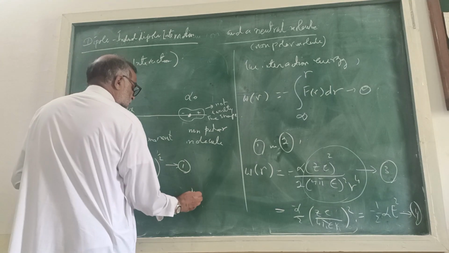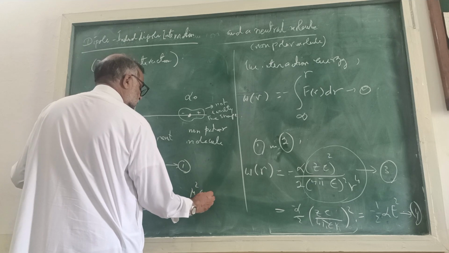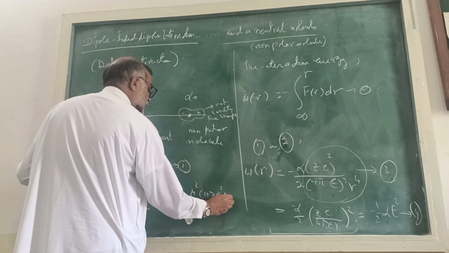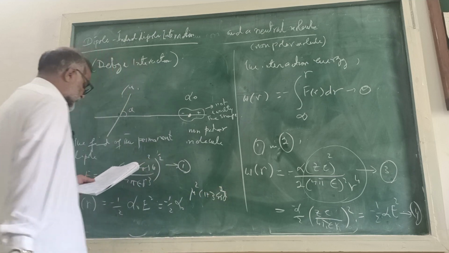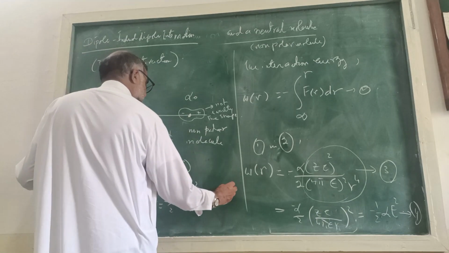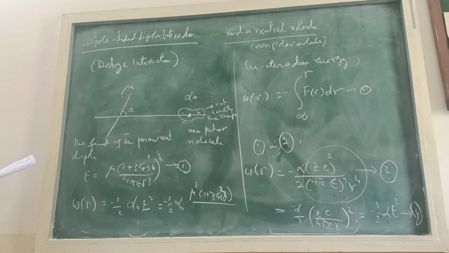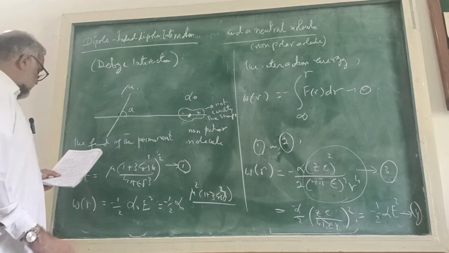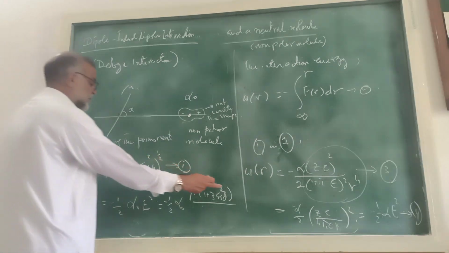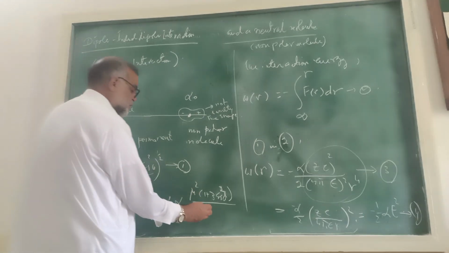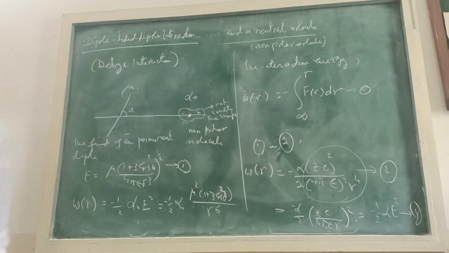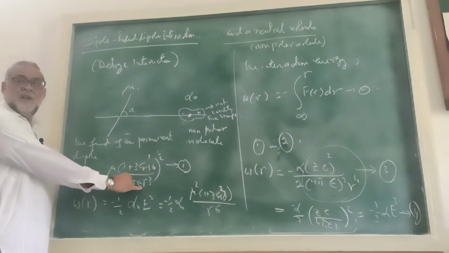We write the electric field here, so that will be minus 1 over 2 alpha naught, mu square, 1 plus 3 cos square theta, divided by 4 pi epsilon whole square, and this will become r to the power 6, because the field is r to the power 3 and we square it.